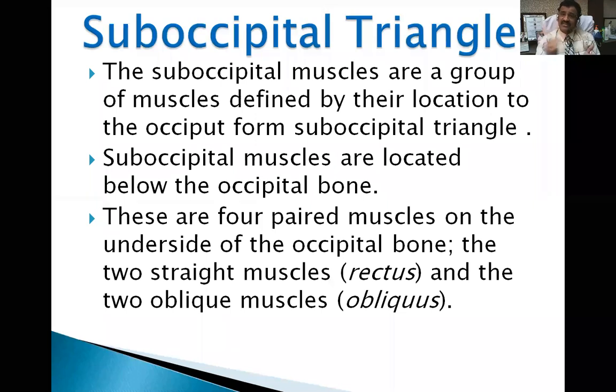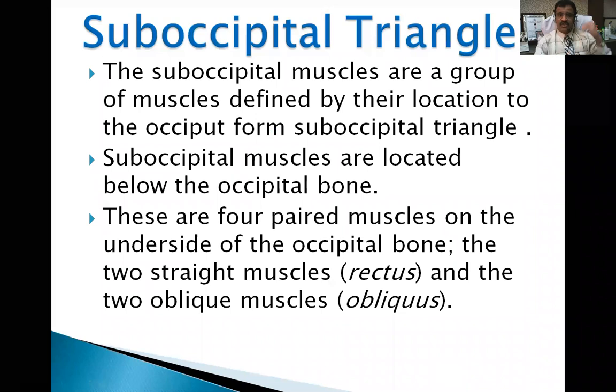The suboccipital muscles are a group of muscles defined by their location in the occiput, and they form the suboccipital triangle. The suboccipital muscles are located below the occipital bone, so they are called suboccipital muscles. These are four paired muscles on the underside of the occipital bone.